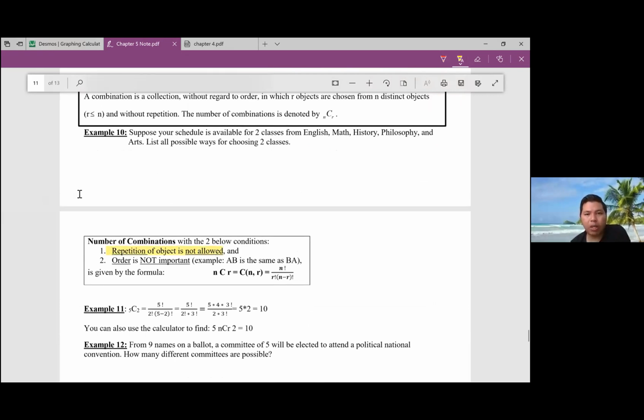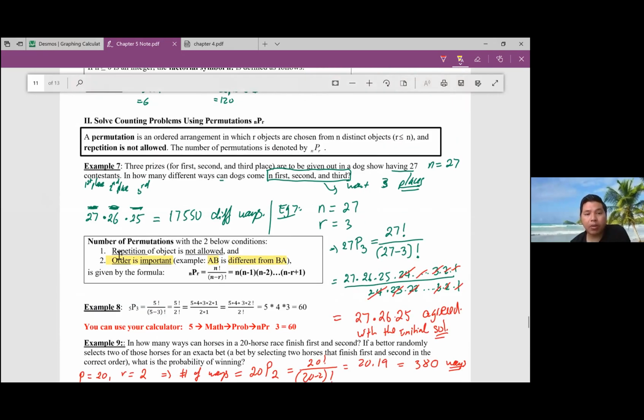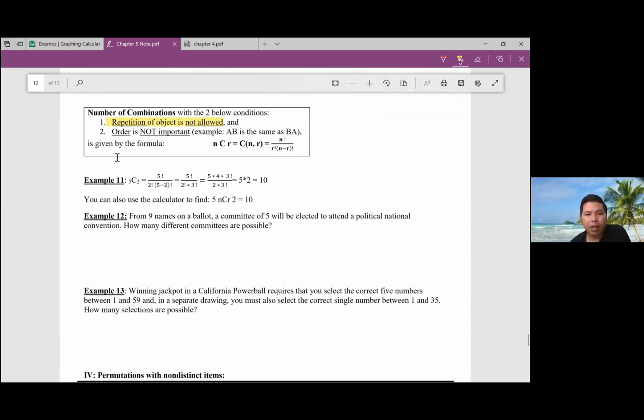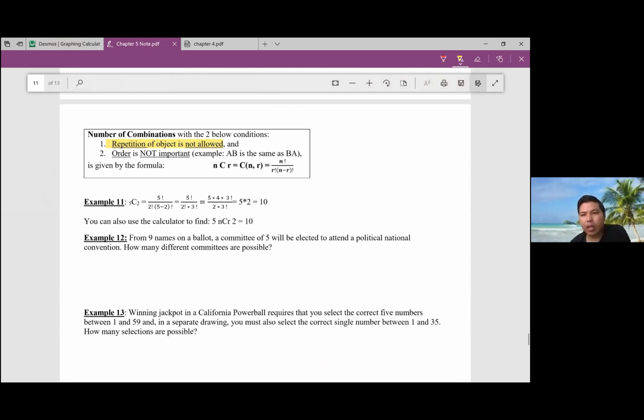This is what is shared with permutation, where repetition is also not allowed. However, for combinations, the order is not important, meaning that AB is the same as BA.